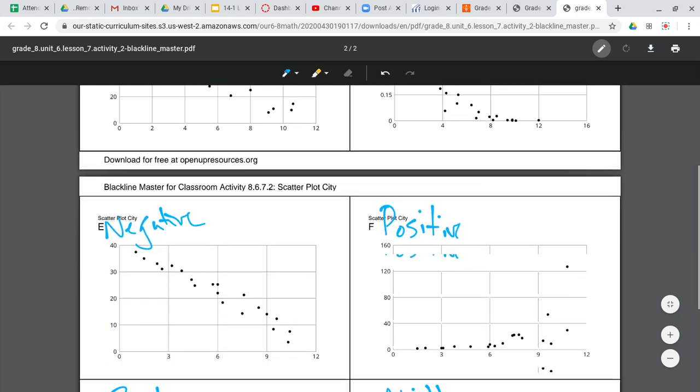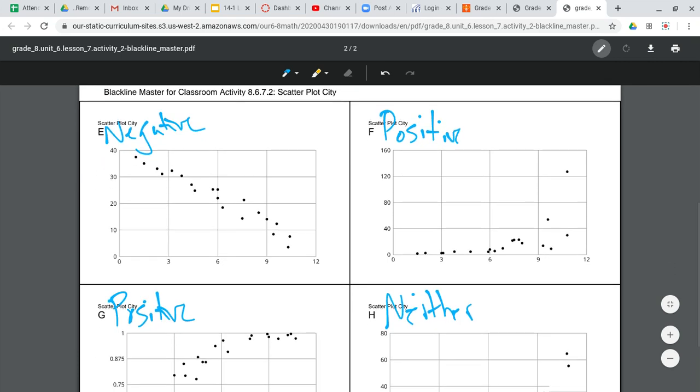All right. What about E? Could we draw a nice straight line through E? Yeah, we definitely could. So linear. These data points are very close together, so it's a strong correlation. It would work out quite nicely to get a nice straight line going through those. What about F? Could we draw a nice straight line through those? Nope.